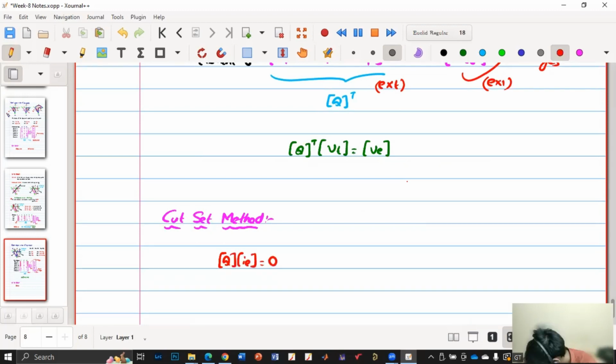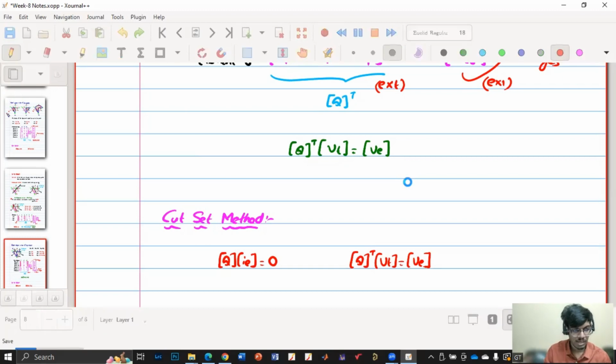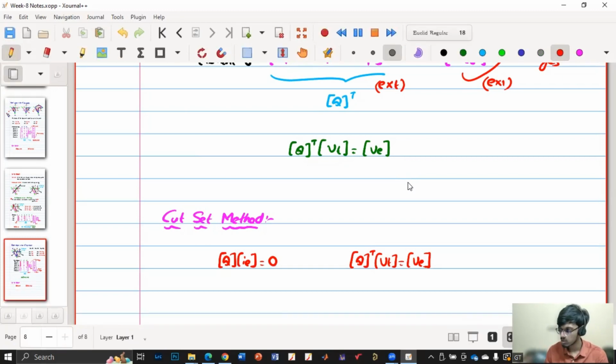Then we have Q transpose into twig voltages is equal to element voltages. So every method we'll get two equations. One equation is a matrix into something equal to 0. The other is matrix transpose into something equal to something else.